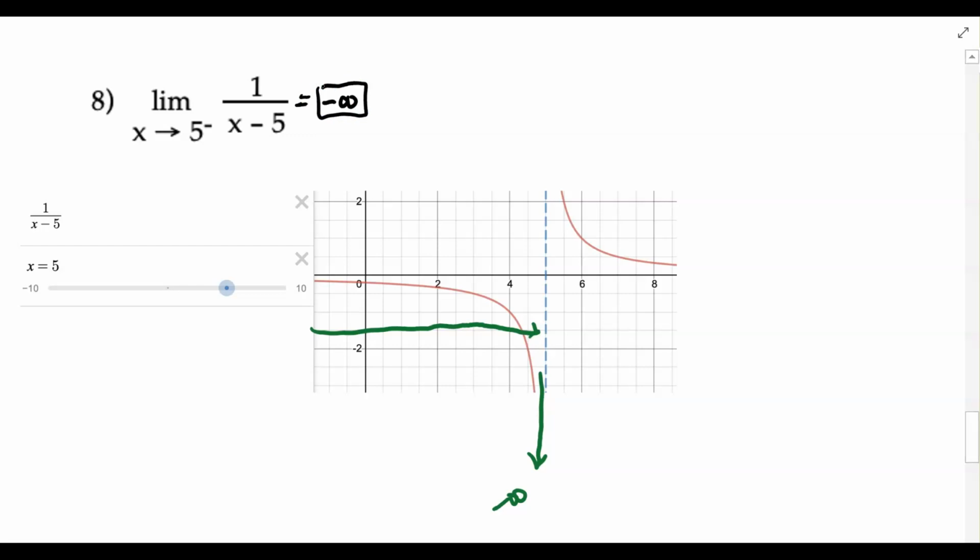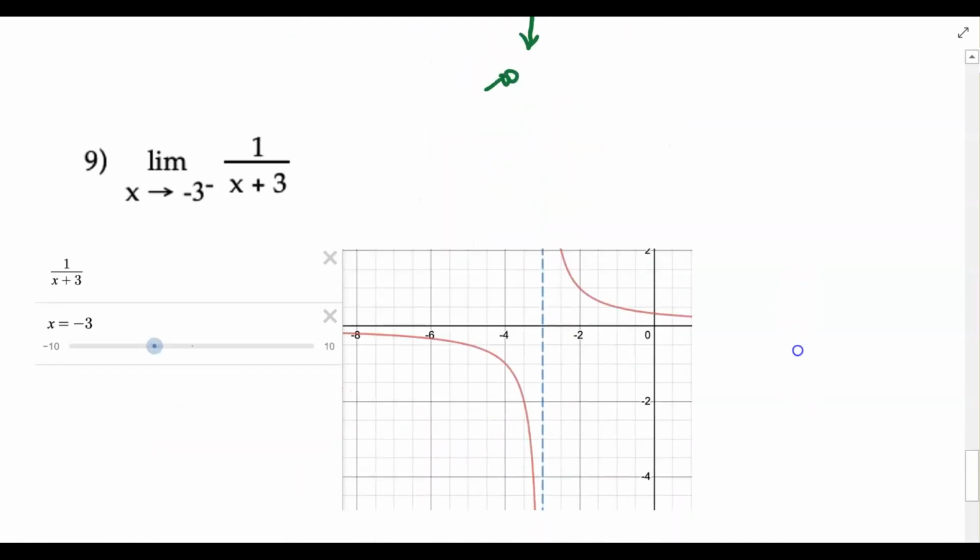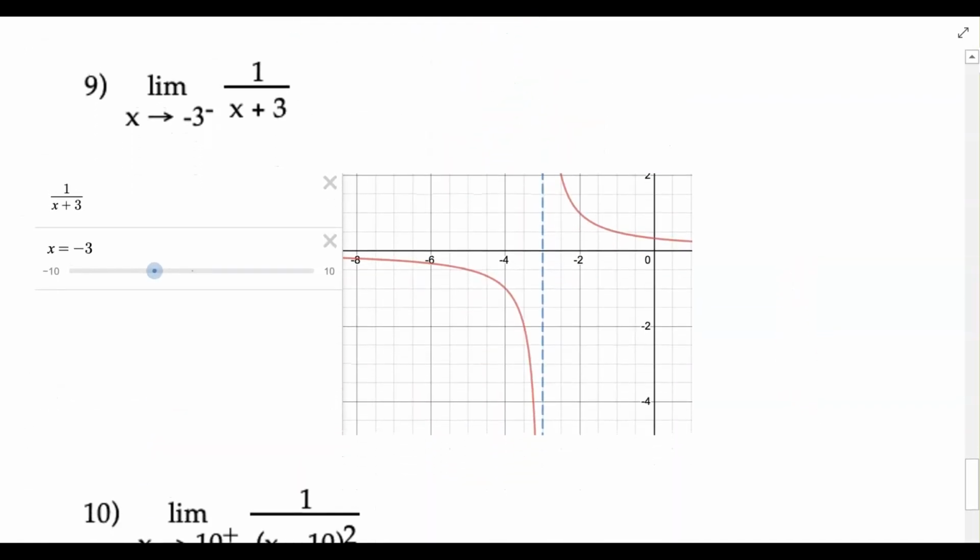We have a vertical asymptote at 5. If we were to look on the other side, x approaches 5 from the right, our answer for that would be positive infinity. We would say it does not exist in general, but we're only looking at one side here. Take a look at another example. As we approach -3 from the left, here's my -3. From the left, what's going on?